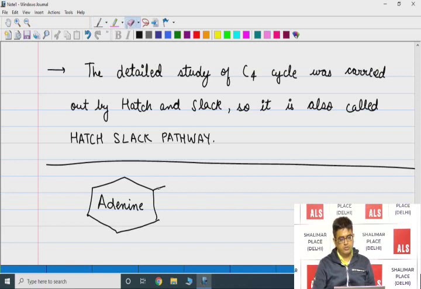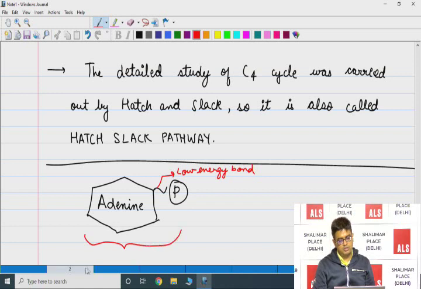The first phosphate that the adenine molecule is attached to, this is phosphate group. This is a low energy bond. Then this molecule is called adenosine monophosphate.